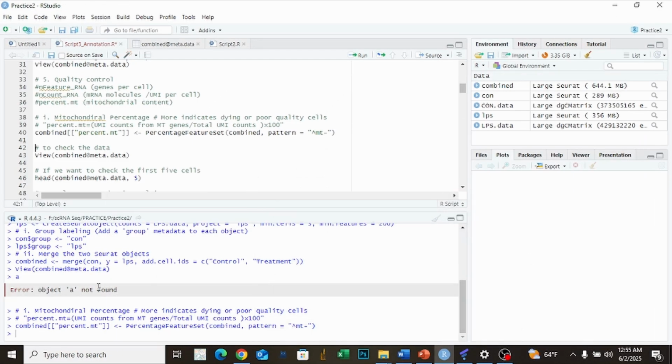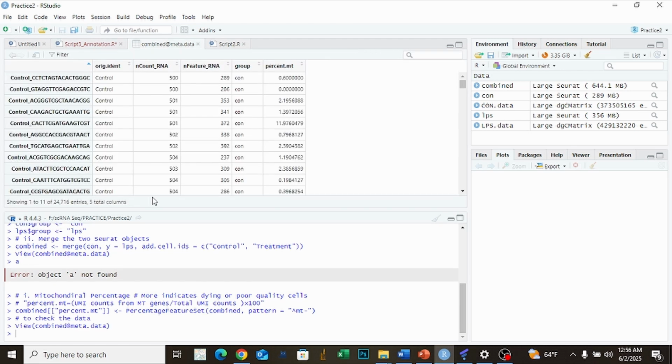Okay, I stopped because I mistakenly typed A, so it shows object A not found. So again we run this combined mitochondrial percent command, and now if we look at the same metadata view, here is the column added with the percent mitochondria.